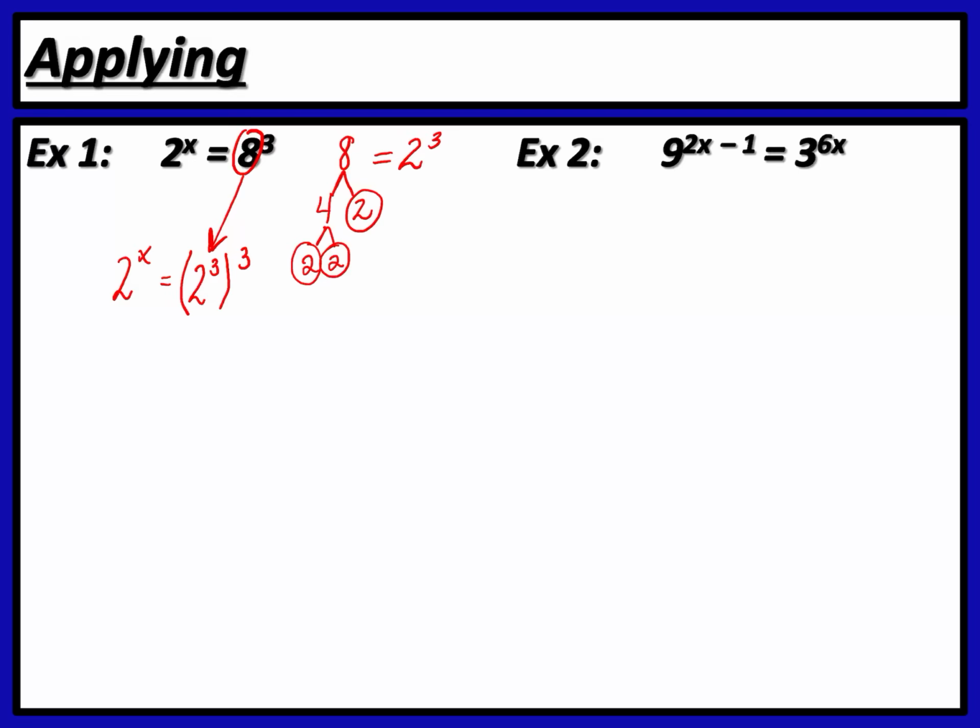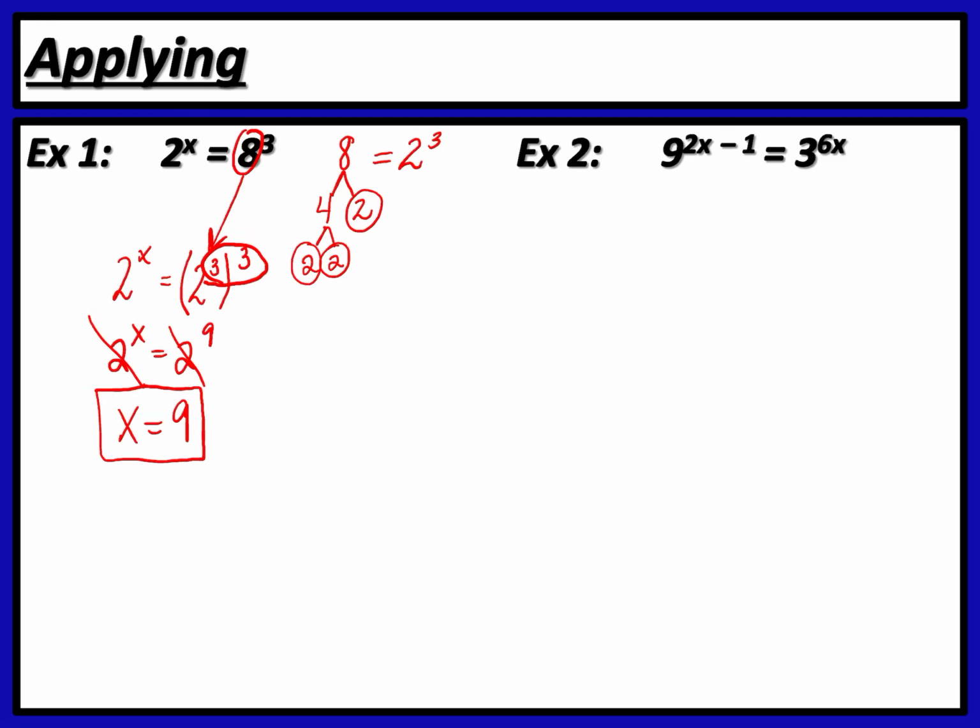So we've just created a power to a power situation here, and if we remember our exponent rules, we multiply when we're on the outside of the exponent like that. This is 2 to the x. Now we see that the base is the same on either side. We can cancel those out, and the exponents form an equation that can be solved. Well, this is already solved for us. So we have an answer of x equals 9.